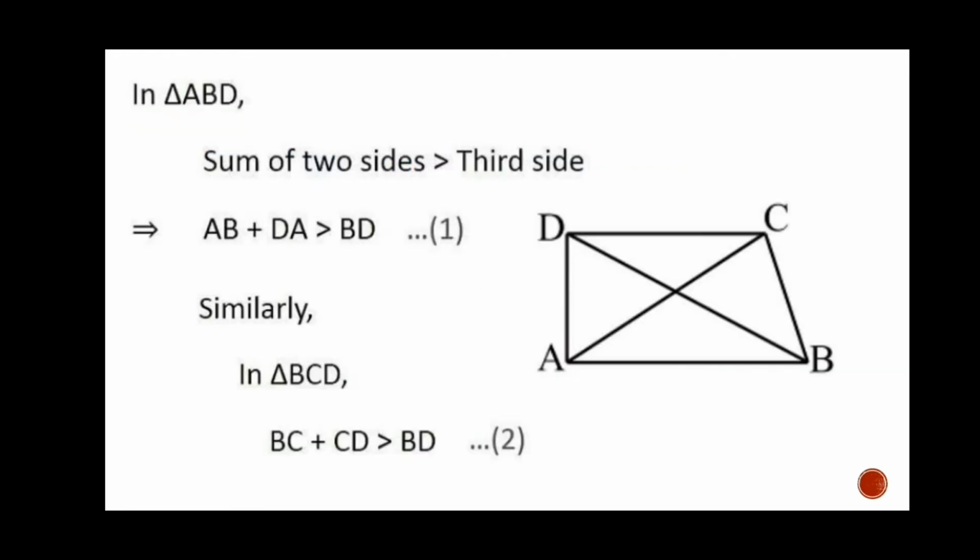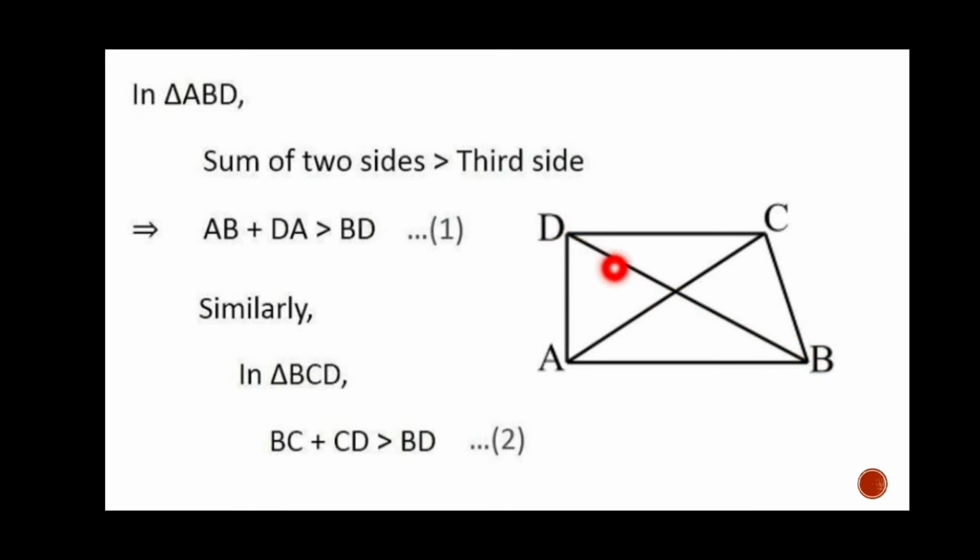Now in triangle ABD, which triangle? ABD, this triangle. Now in this question we will take the 4 triangles. You can see inside the quadrilateral there are 4 triangles. So one by one we will take the 4 triangles, and we will take the triangle in a way that the diagonal will be one of its sides.